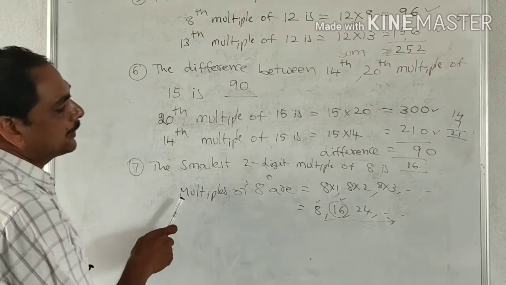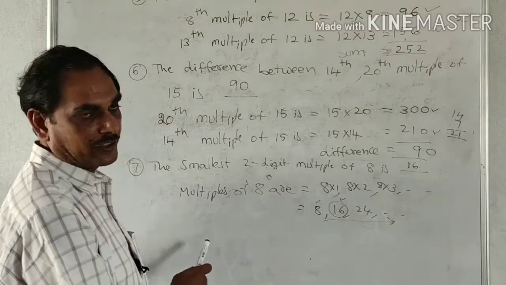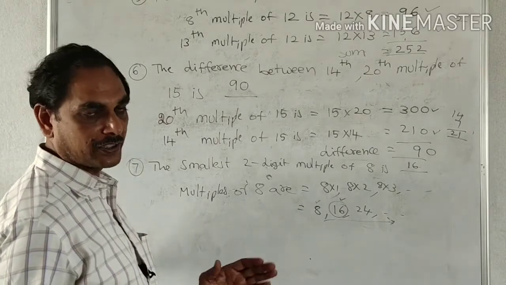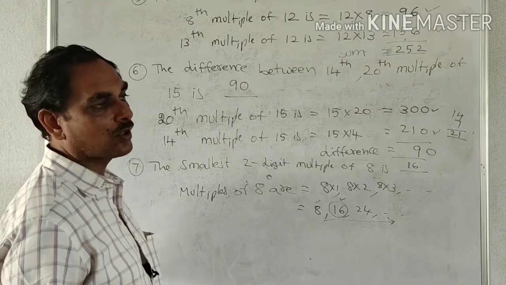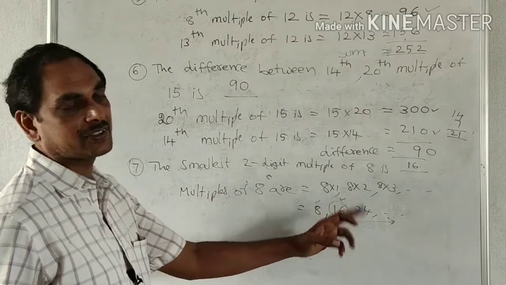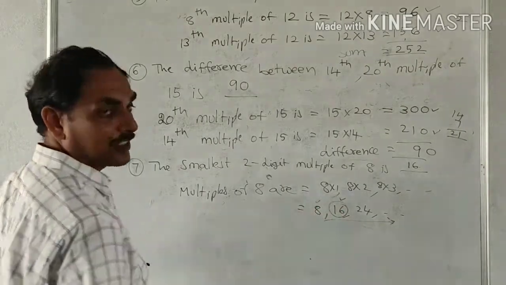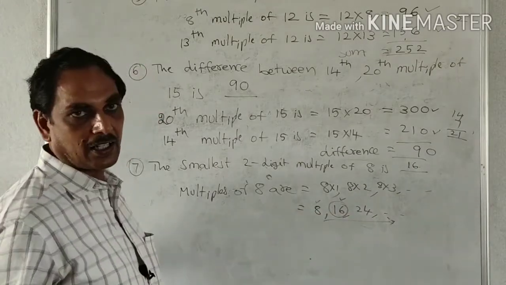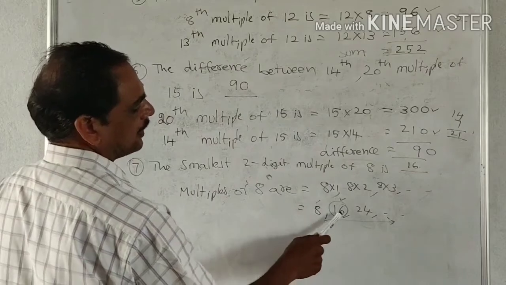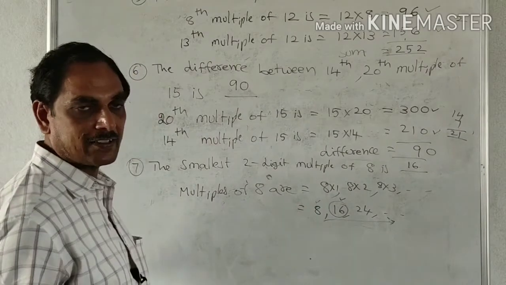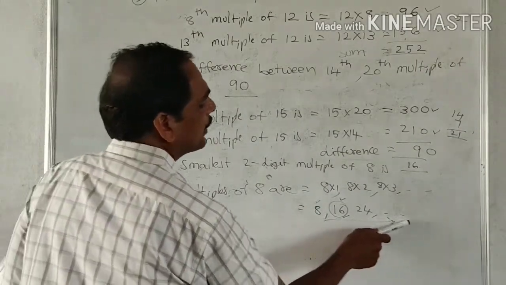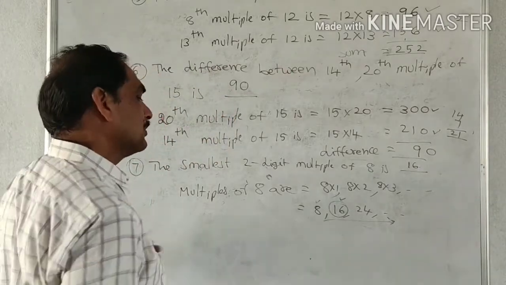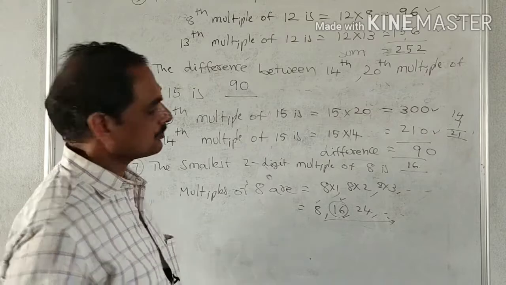Here, we write the multiples of 8 by multiplying 8 with 1, 2, 3 and so on. We get its multiples. 8 into 1 is the first multiple, 8 into 2 second, 8 into 3 third and so on. So 8, 16, 24 and so on. Here the multiples of any number increase from left to right.